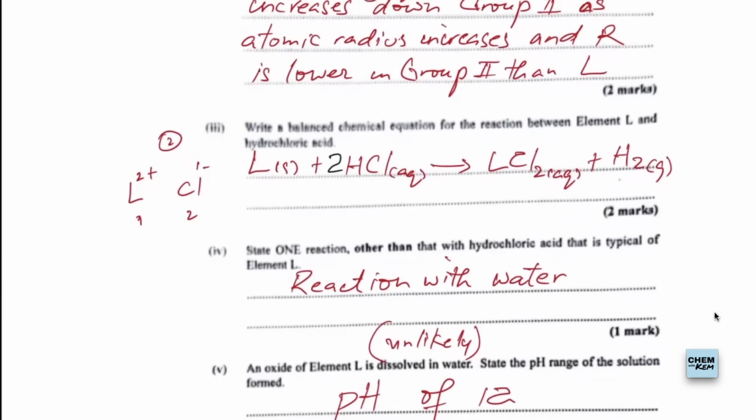Reaction with air is a typical reaction of L. All right, and we would expect L to not react with cold water, or to react very slowly with cold water, but react with hot water or steam.